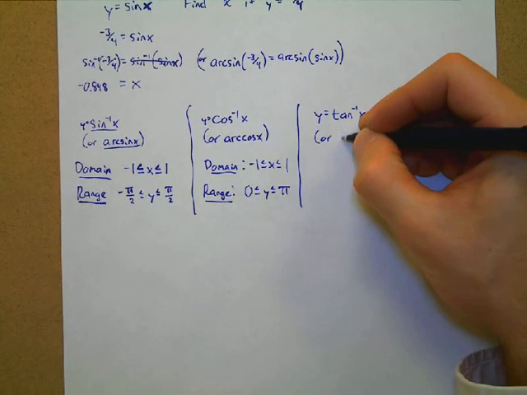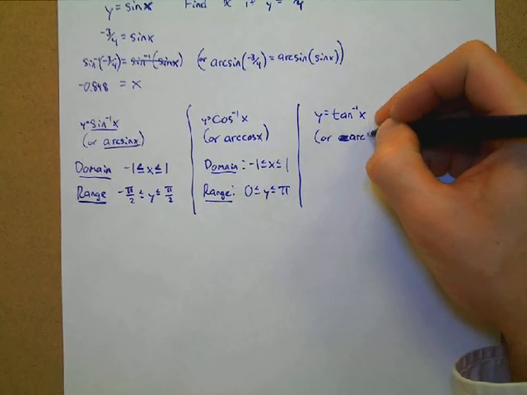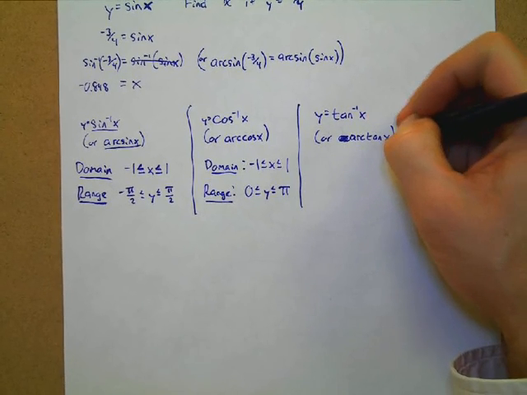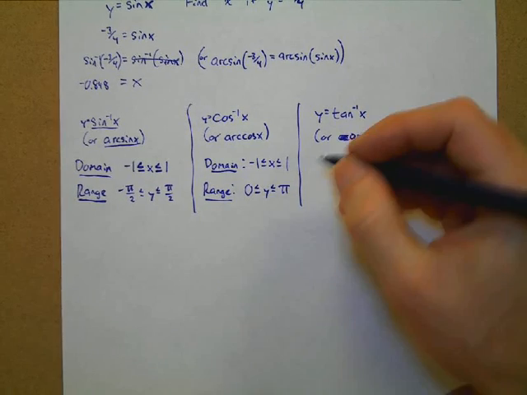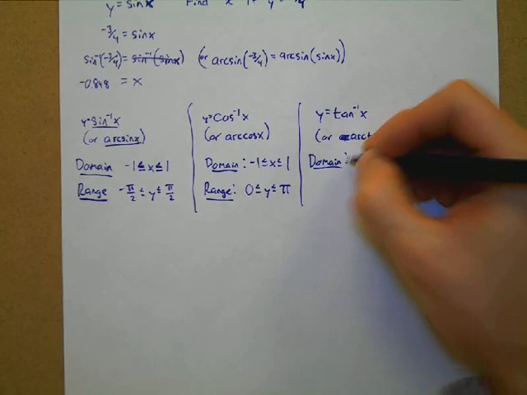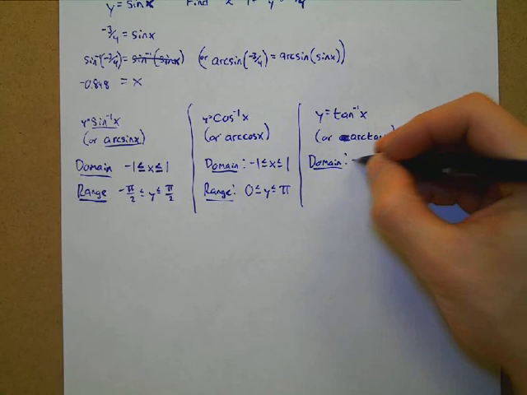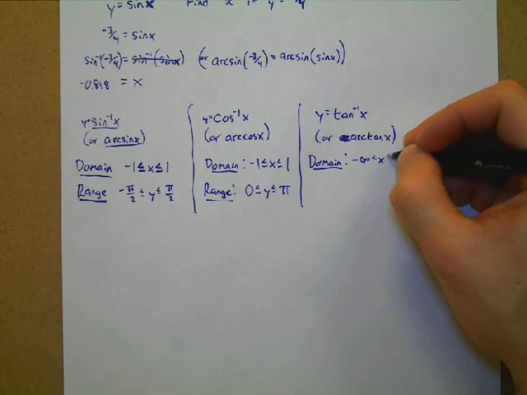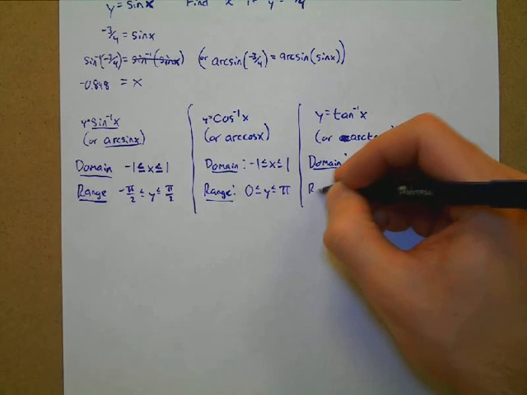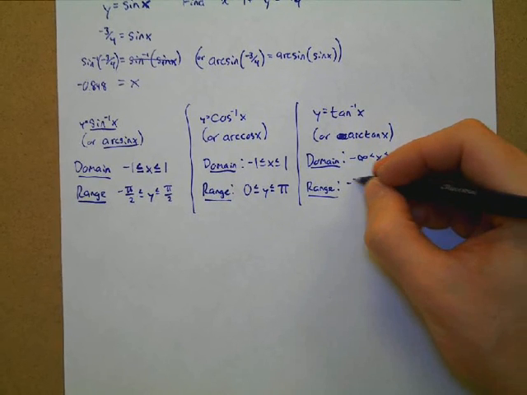Its domain is negative infinity to infinity. And its range is negative pi over 2 to pi over 2.